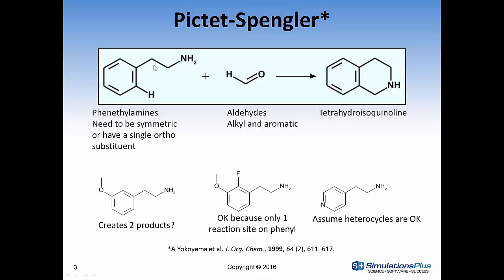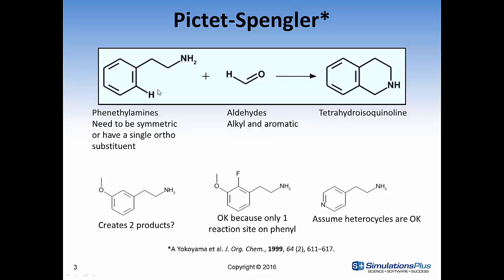With this reaction, you start with phenethylamine and combine it with an aldehyde to make a tetrahydroisoquinoline ring. This is kind of a high-throughput reaction. You also have to be very careful about the reagents you choose. So in this example, we're going to start with a few of these reagents, and then we're going to combine them using ADMET Predictor to create this combinatorial library.